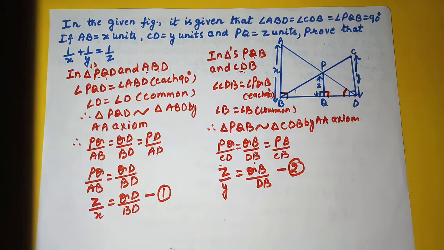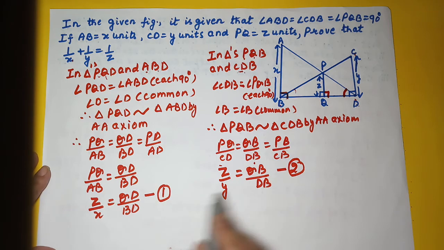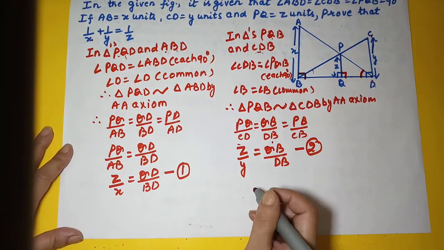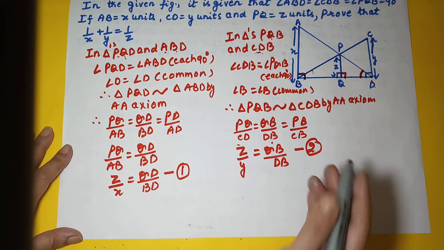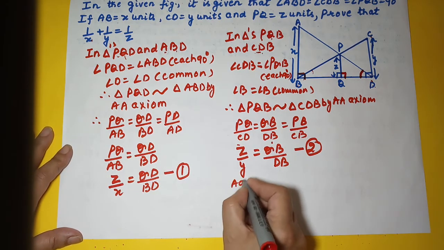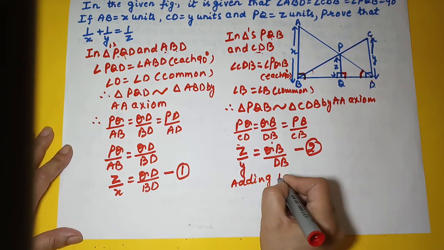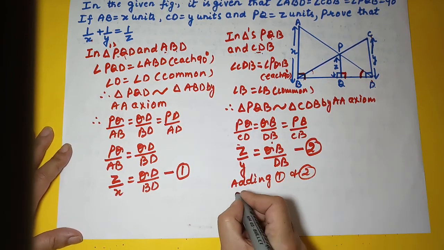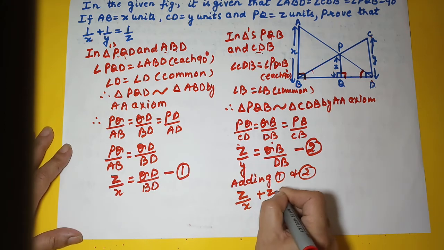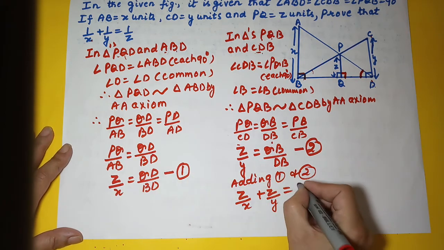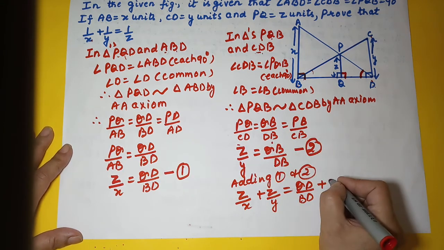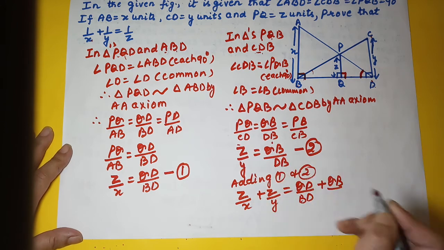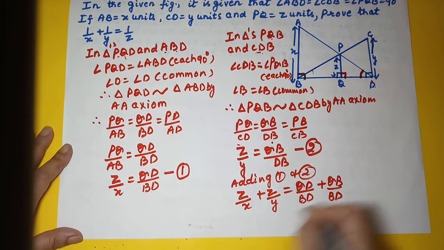Now here I need 1 by X plus 1 by Y. So I will add these two equations. So what will happen if I am adding these two equations? Left hand sides will get added and right hand sides will also get added. So I will write, adding 1 and 2, I will get Z upon X plus Z upon Y is equal to QD upon BD plus QB upon, in place of DB I can write BD, right?